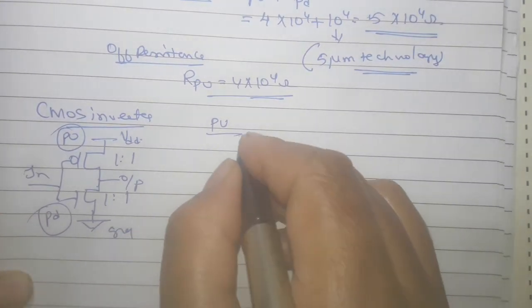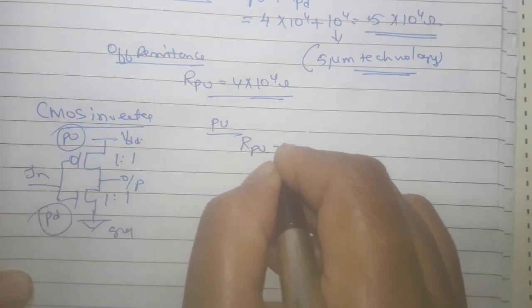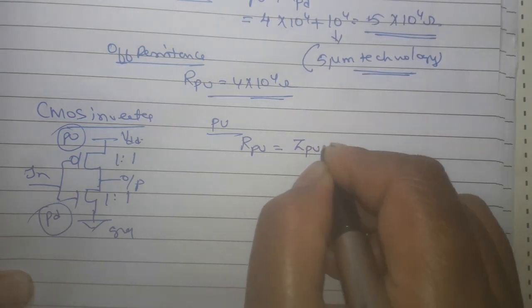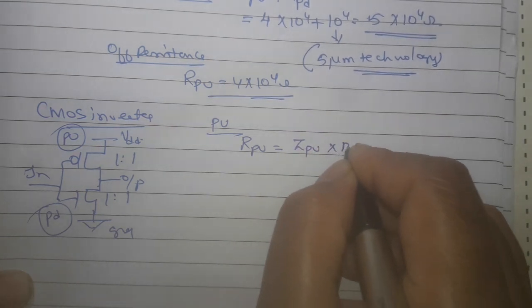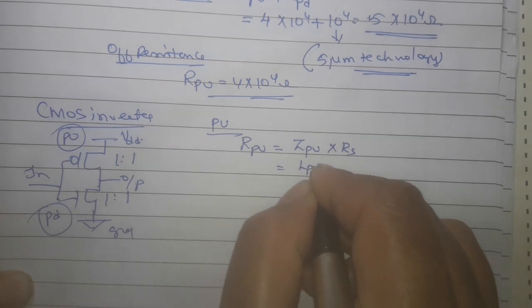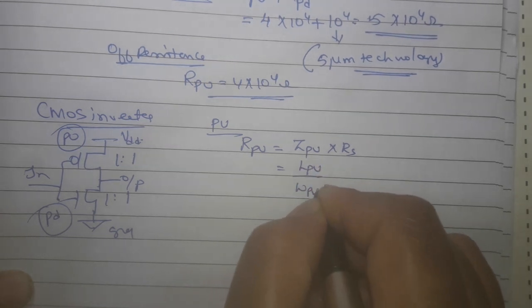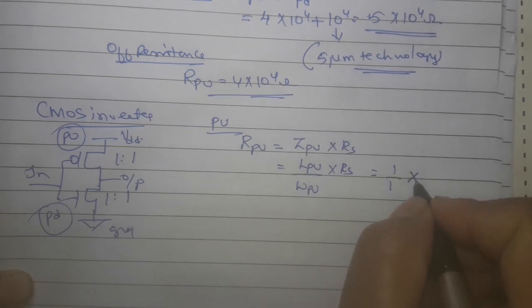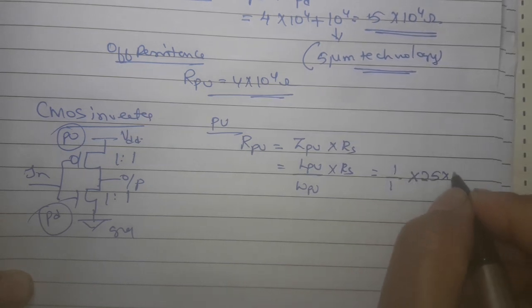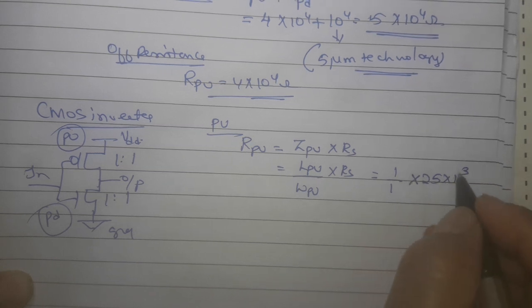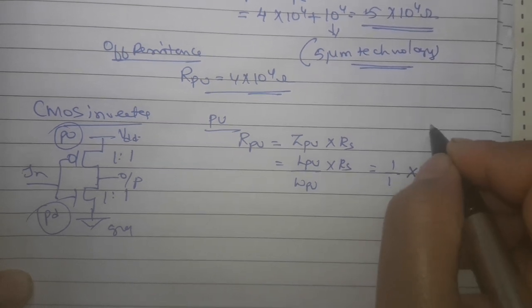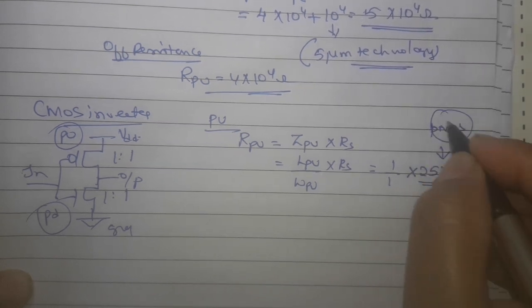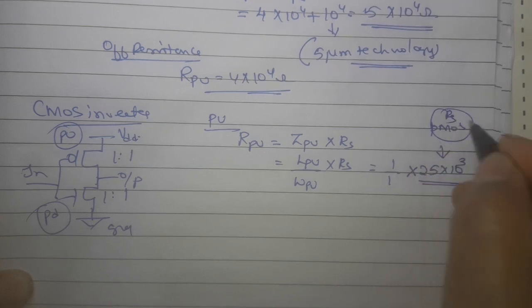For pull up, so for R pull up, it is Z pull up into RS. Z pull up is nothing but L pull up by W pull up into RS. So, this is 1 by 1 into 25 into 10 to the power 3. This is the standard value for PMOS, RS standard value for your PMOS.